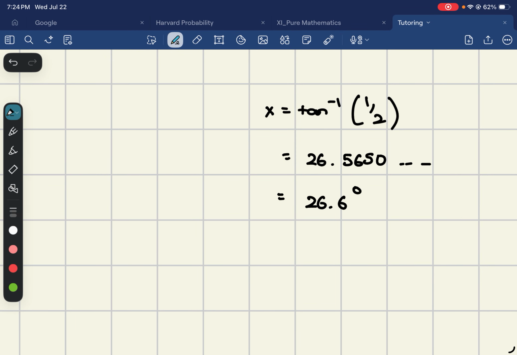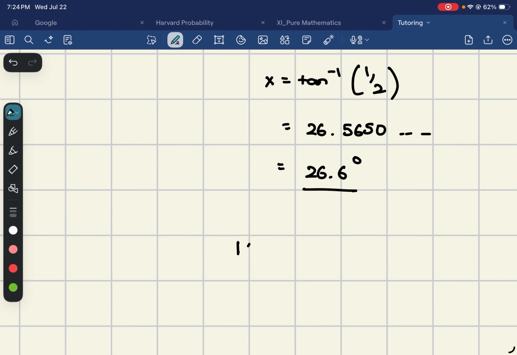So 26.6 degrees. And the other angle is going to be 180 degrees plus 26.6 degrees, because the period of tan x is pi, 180 degrees. So the other solution is 206.6 degrees. All right, so these are your two solutions, 26.6 and 206.6.